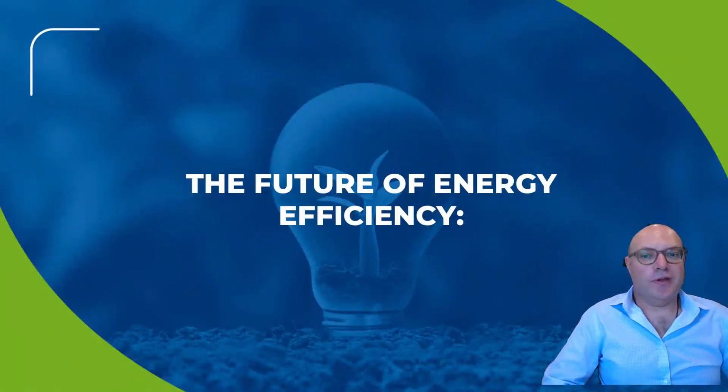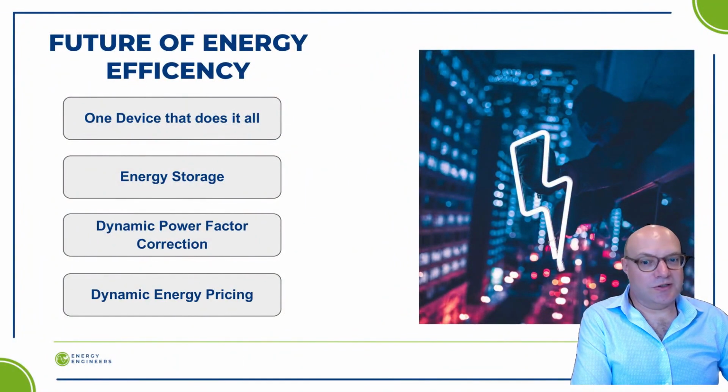The future of energy efficiency, as it applies to the charges we've been speaking about. One device that does it all. We foresee a future where a single device performs the task of solar inverter, energy storage, dynamic power factor correction, and energy quality. The current equipment is technically already able to do this, it just isn't implemented as such.